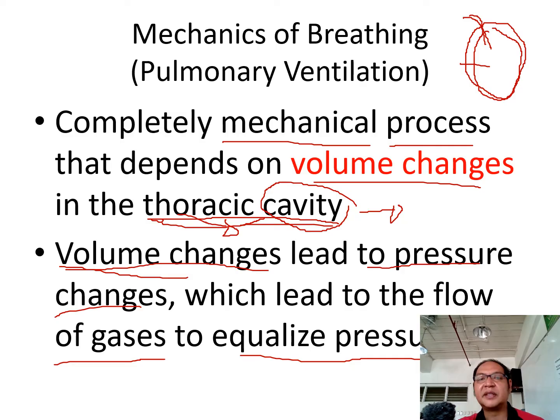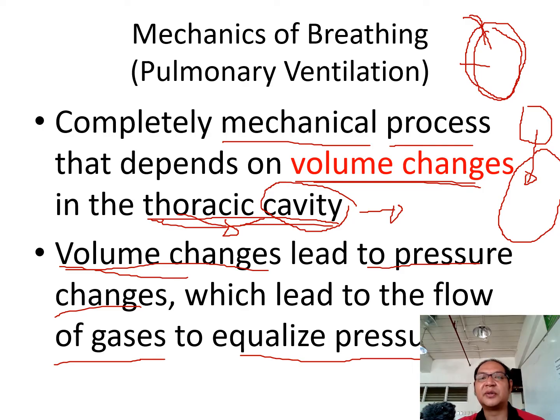That's why if there is a change in the volume, there is a change in pressure. So if this is the lung, when you inhale, it becomes larger. There will be volume changes from smaller to bigger volume.